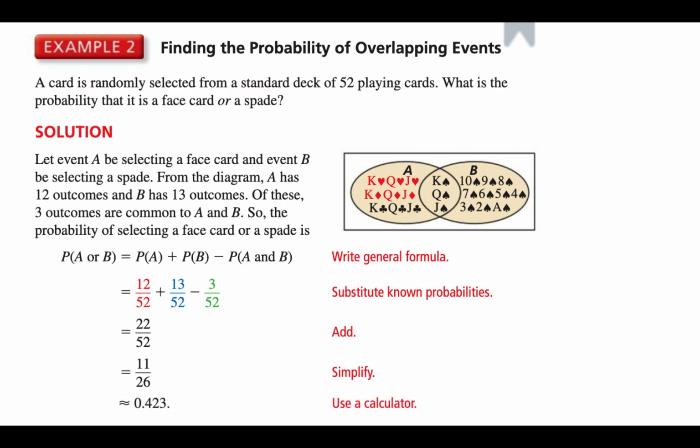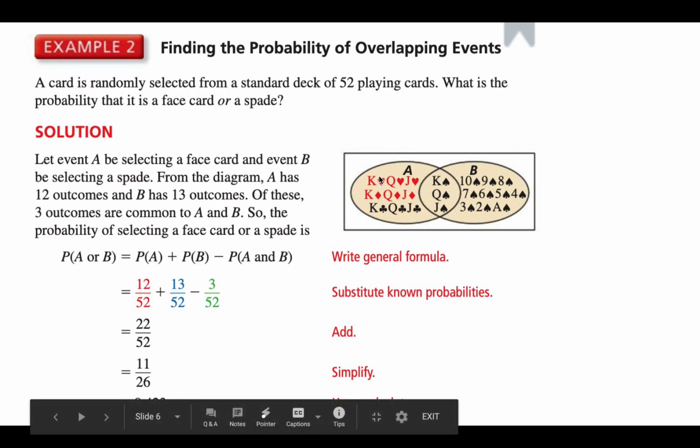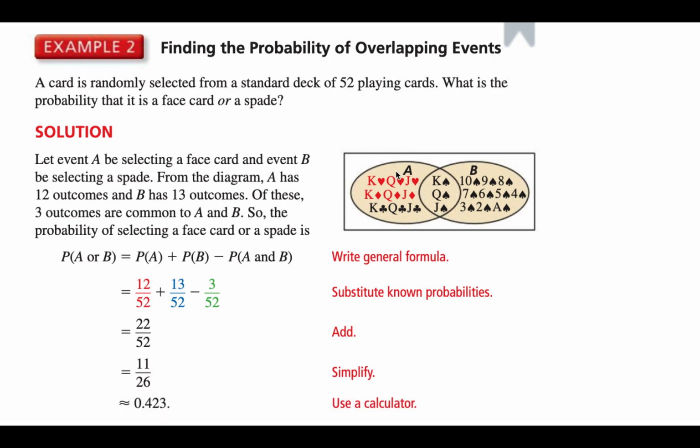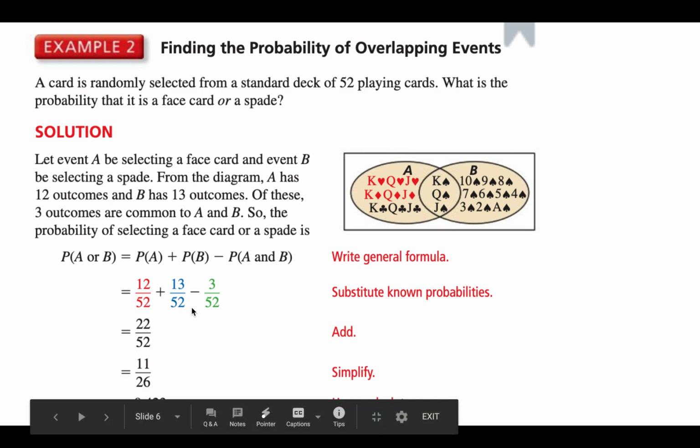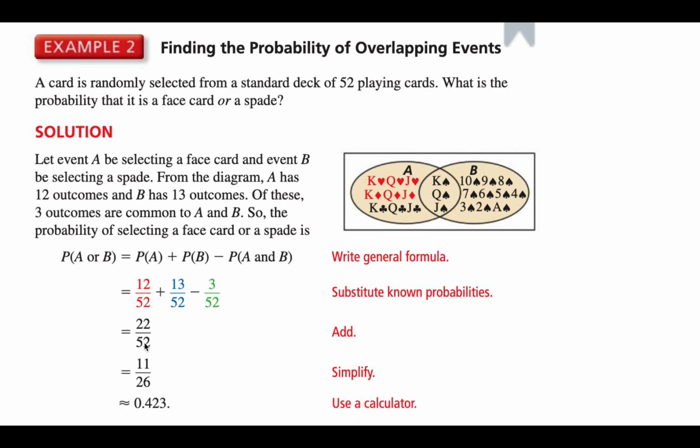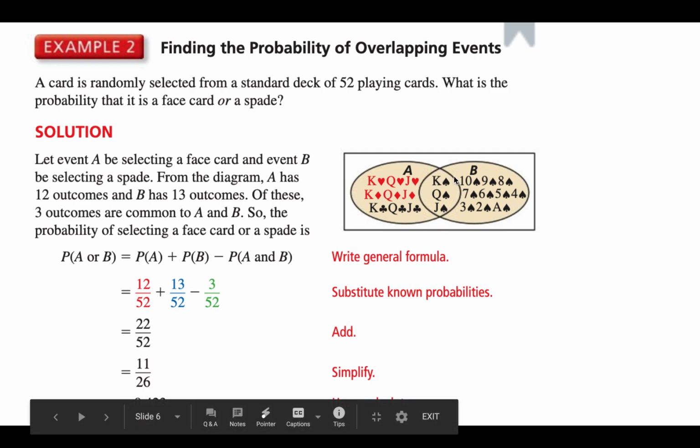And why do we know that it's 22? Well, if you just count up the number of cards that are inside A or B, it's 22. So you need to make sure that whatever this formula gives us, it's going to give us 22 out of 52, because that's how many cards are a face card or a spade.